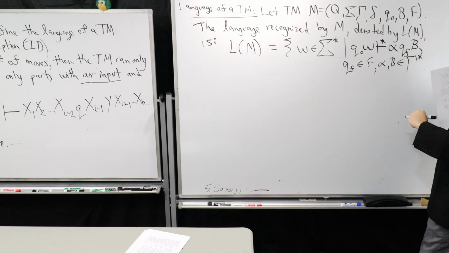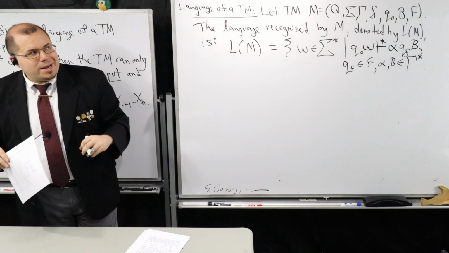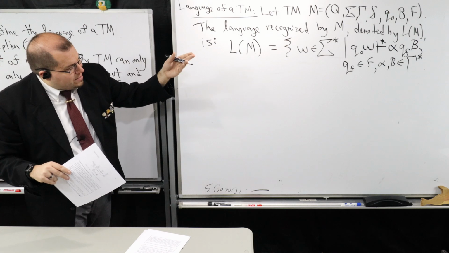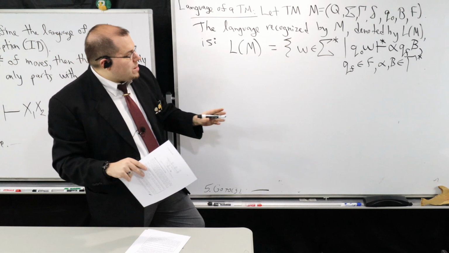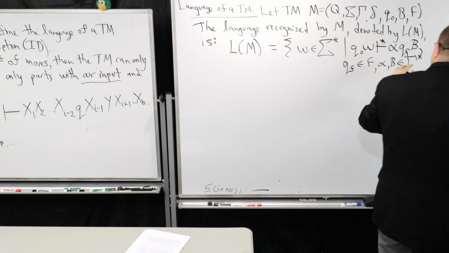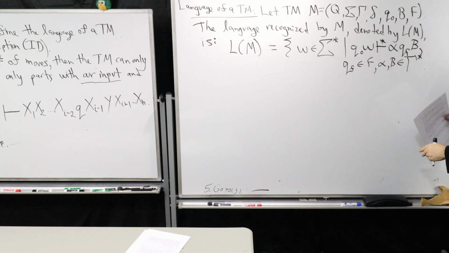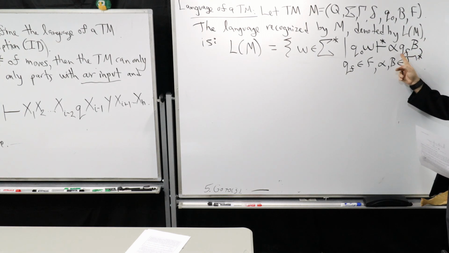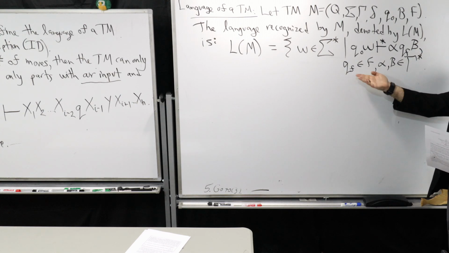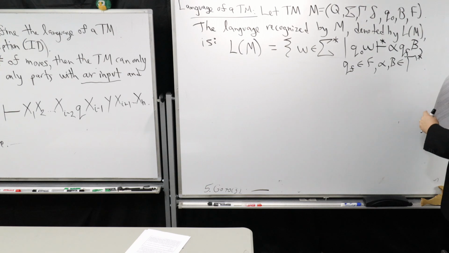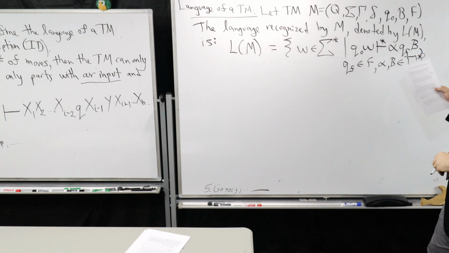That's what the star means here: zero or more tape symbols. The point is that it's sitting in a final state. Does everybody see that? There may be symbols to the left of where the head is sitting, and it will be sitting at the first symbol in beta. But notice the state is q_F, which is one of the final states. So this is a formal description of how the Turing machine will accept.